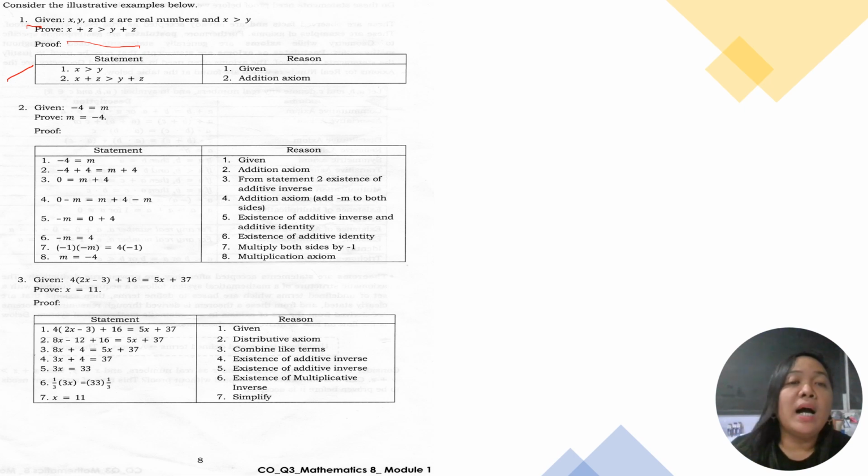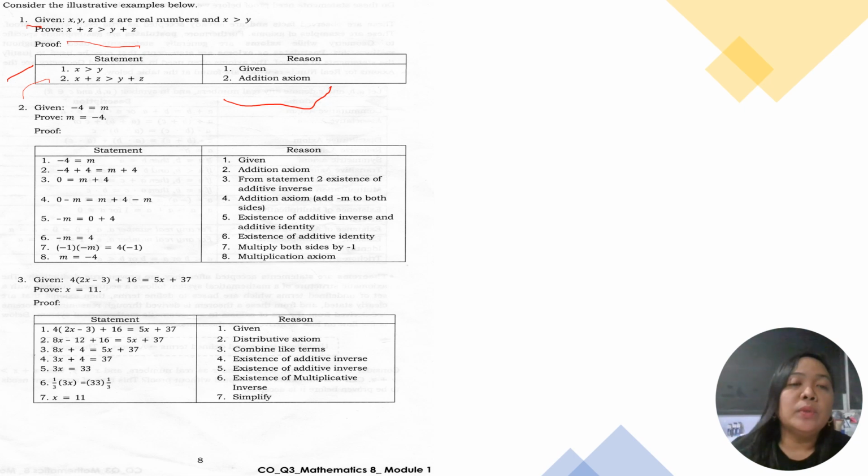That we need to add to both sides of our equation. If x is greater than y, then we will add z to both sides of that equation. Therefore, we have now x plus z is greater than y plus z. The reason, of course, is the addition axiom. So, we completed our proof for number 1.